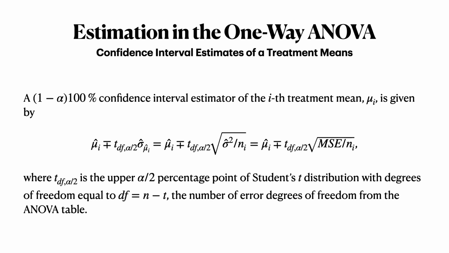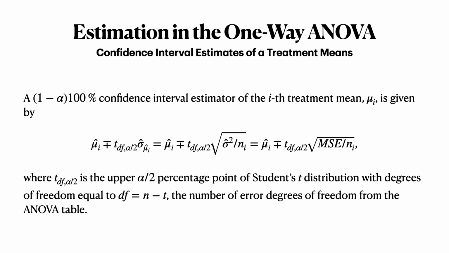Once we have these two pieces, the point estimator for the ith treatment mean, as well as the estimated standard error of that point estimator, we can compute a 1 minus alpha times 100% confidence interval estimator for the ith treatment mean mu sub I. That confidence interval is given by the point estimator plus or minus the estimated margin of error.